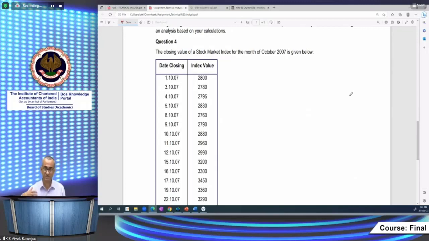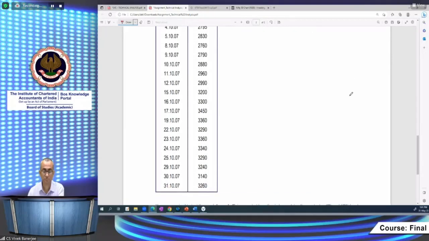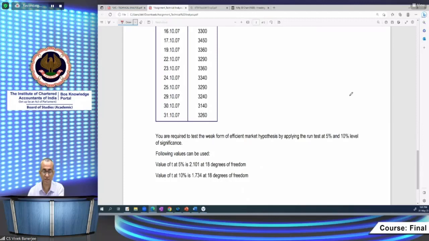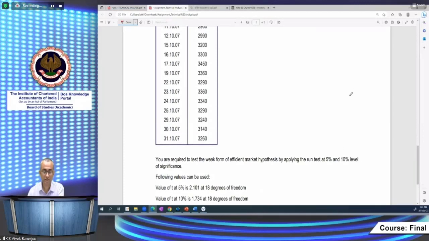First read the question: the closing value of a stock market index for the month of October 2007 is given below. Date closing and index value, both are given. At the end, it is given that you are required to test the weak form of the efficient market hypothesis by applying the run test at 5% and 10% level of significance.